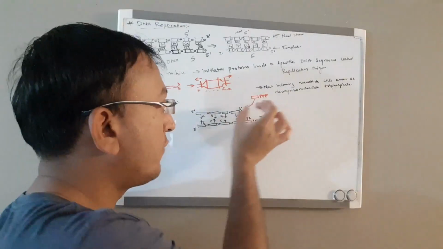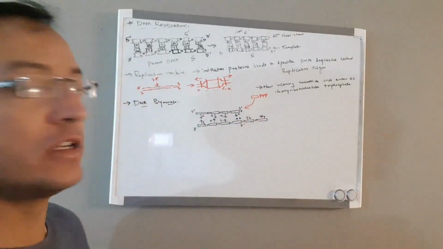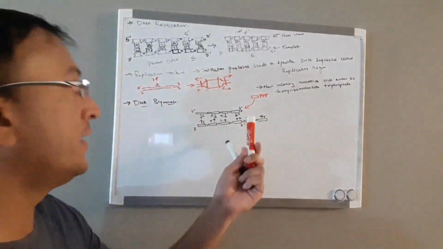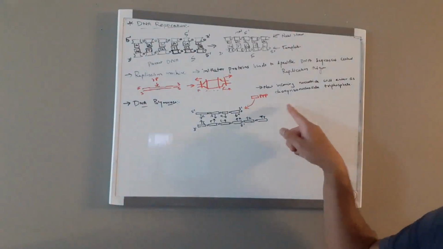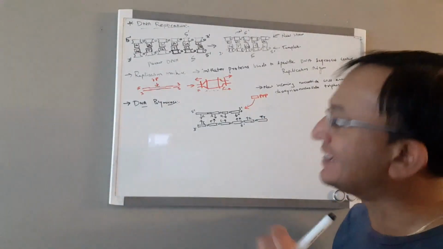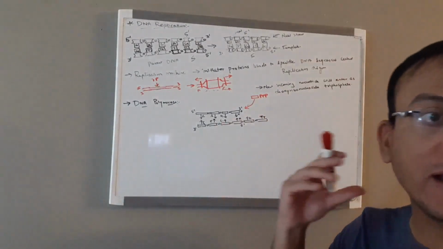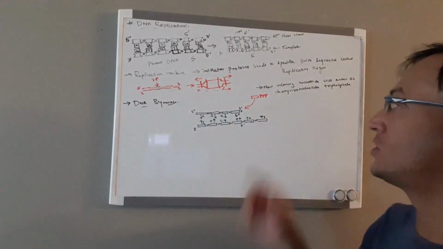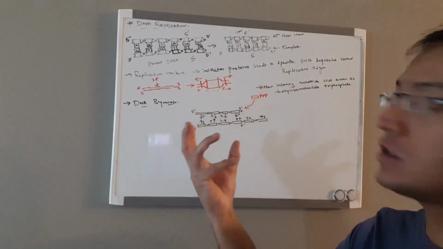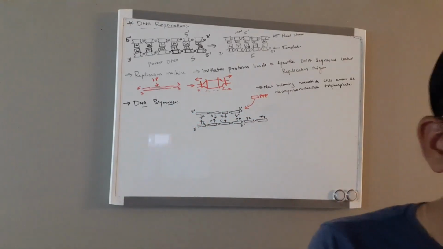The energy for this polymerization reaction is actually provided by the incoming deoxyribonucleoside triphosphate itself. How? The hydrolysis of one of the high-energy phosphate bonds fuels this reaction.